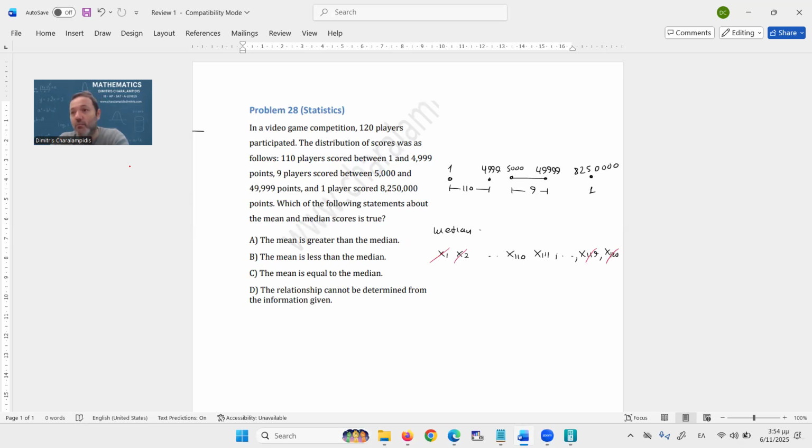So this means that both the highest score of 8.25 millions and all 9 scores between 5,000 and 50,000 would have been cancelled out with 10 of the 110 values, which means that the median would have been one of the first 110 values. So the median is for sure between 1 and 4,999.